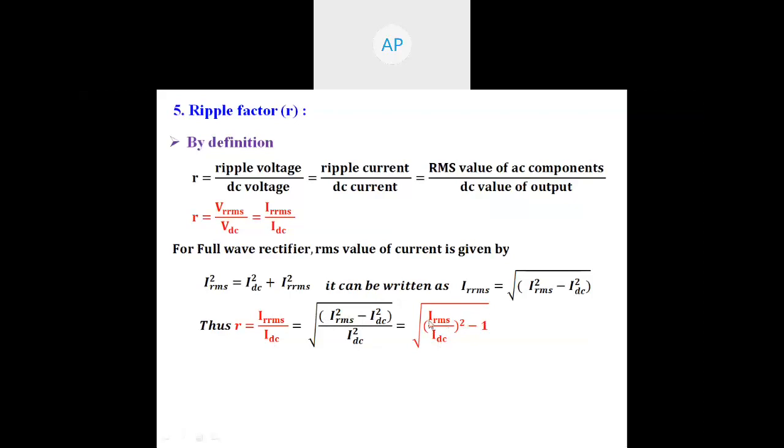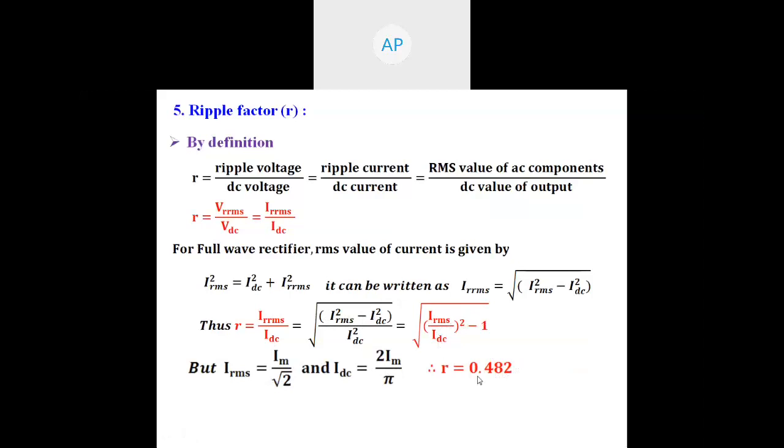And we know the IDC, we know the IRMS. So what are these two values? IDC is 2 Im divided by pi, and the RMS value is Im divided by root 2. If you simply plug in these two values, you will have the ripple factor as 0.482, which is 48.2%.